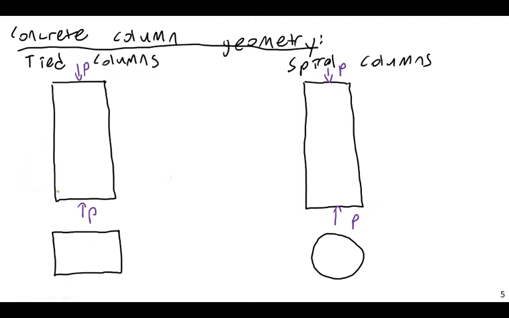Okay, so here the rebar cage will just look like this. You have major bars going up longitudinally, and then you have ties periodically giving this thing a ladder appearance from the side. The reason this is referred to as a tied column is because it really is just tied down.